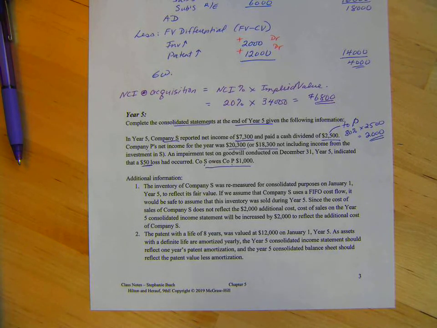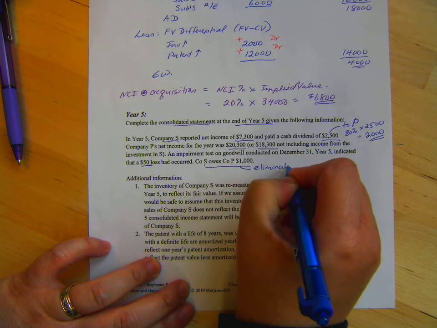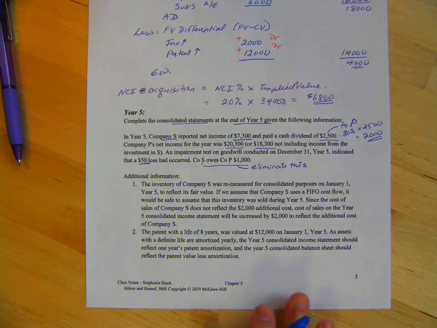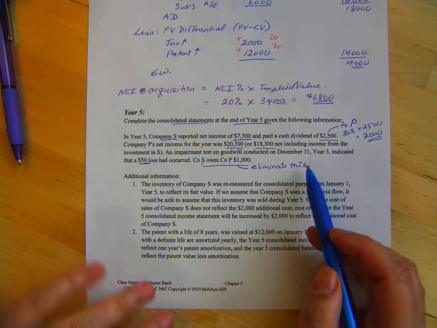One owes the other, and then you combine them. Can they still owe each other if they're one entity? No. So somehow we have to eliminate this. Okay? So that makes sense. We did stuff kind of like that last chapter.